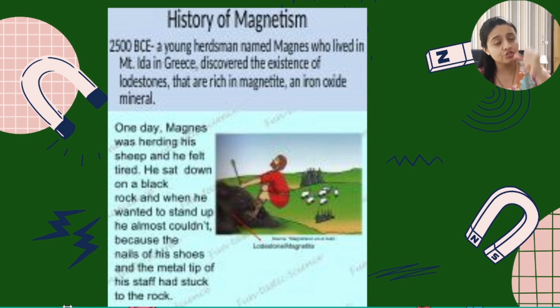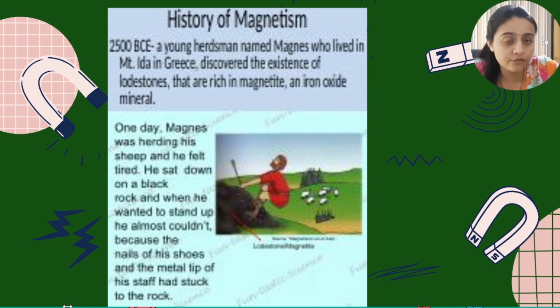His shoes had small nails on them, and those nails got stuck upon the rock, and he was not able to stand up. From there on he started saying that there is a magical piece of rock which attracts all the iron nails towards it.